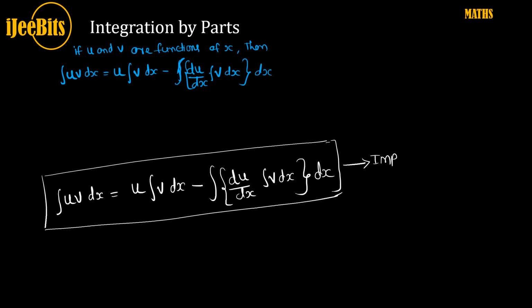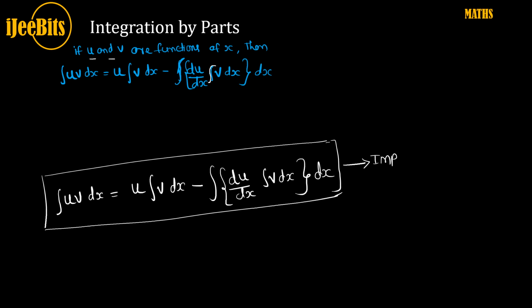Integration by parts. This is one thing that we have to remember. Let's say you have two functions, u and v, of x. Then integration of u v dx can be written as u into integration of v dx minus integral of du by dx times integration of v dx.